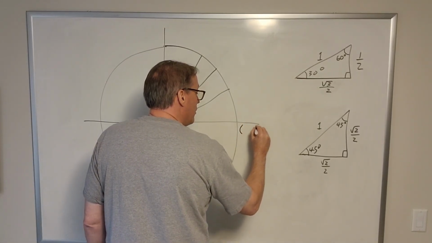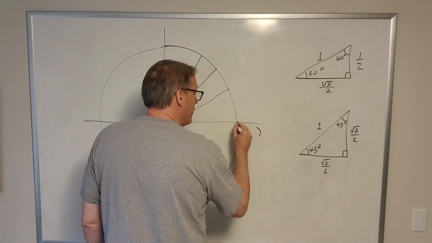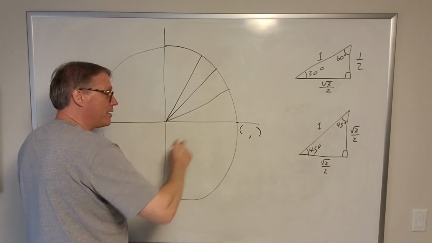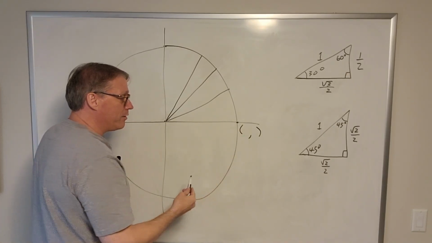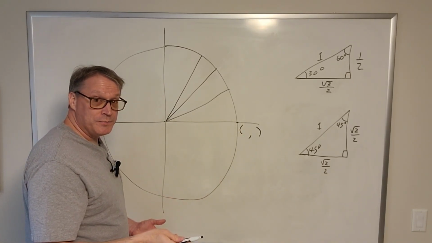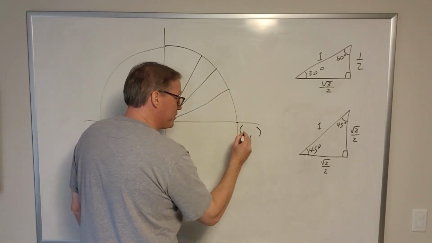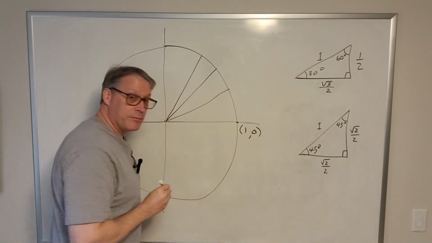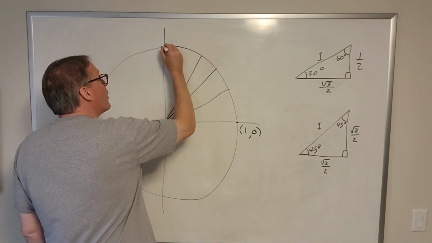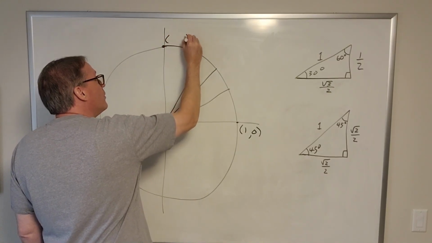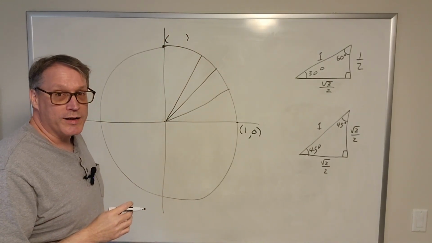Over here, if this point right here is on the x-axis, what is the coordinate of that point in the xy plane? Well, it's going to be 1 in the x direction, 0 in the y direction, right? 1, 0. What about this point right up here that's on the y-axis?